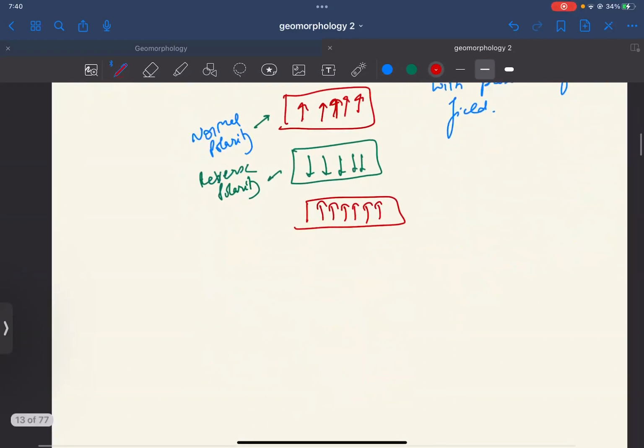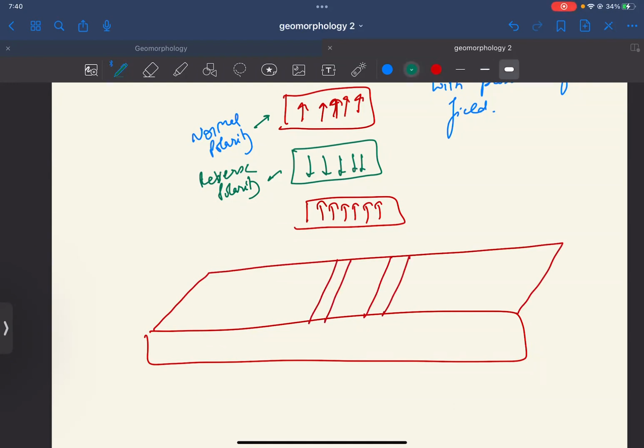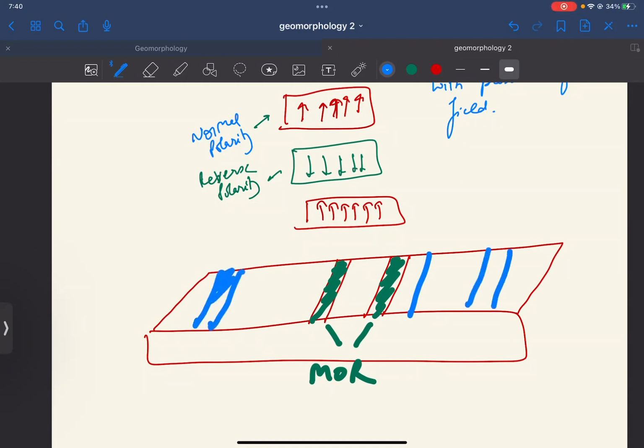So if we look at the ocean floor, how will it look? If this is the mid-oceanic ridge, right? Now rocks are formed. Suppose one layer of rocks is formed. Now they are pushed by the new set of rocks. So imagine older rocks are over here.